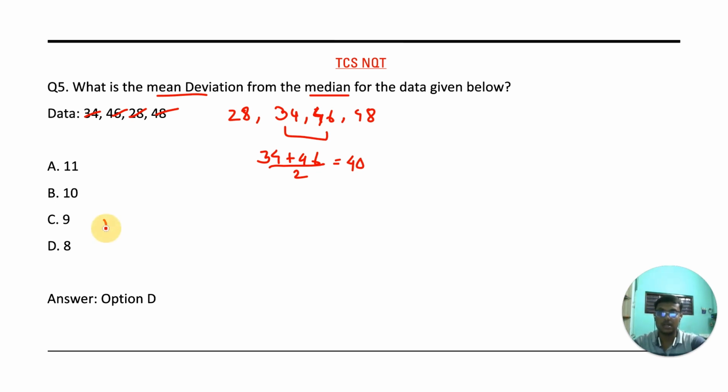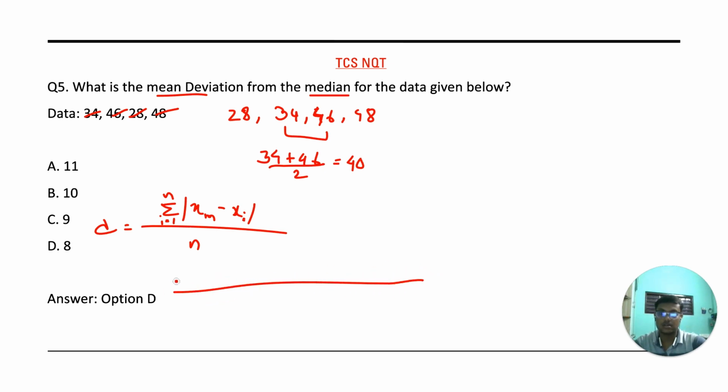Okay. Now to calculate mean deviation, we can use a formula: deviation d equal to summation over i equal to 1 to n, mod of median minus the data point, divided by total number of elements that we have.